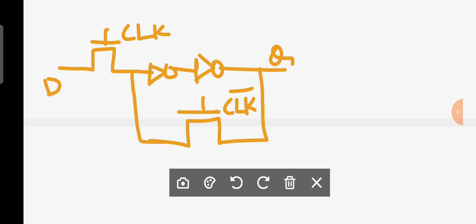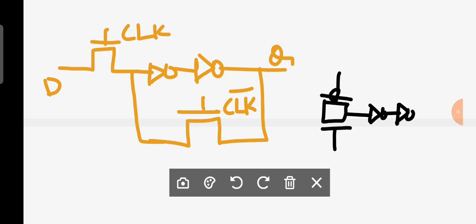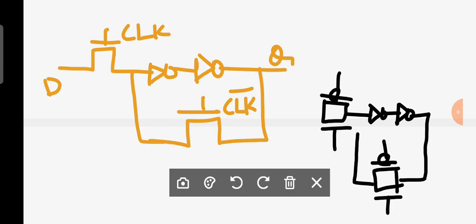I said already, you have to replace at each position with the transmission gate. Let us consider this is one transmission gate and back to back NOT gates, and you require here one more transmission gate, and it is connected like this, then it may be D and it is Q.